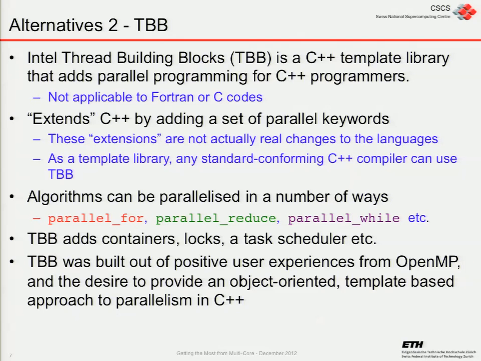There's no change to the language. It's all just standard C++. It's just a set of templates that you use, but it looks like it's a new language. And then you rely very much on the compiler doing a very good job of making sure that this is turned into good threaded code. And at the low level, it will be doing pthreads, but it will be doing it hopefully quite efficiently.